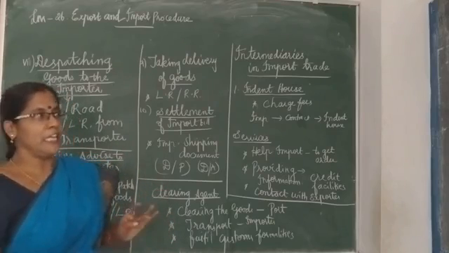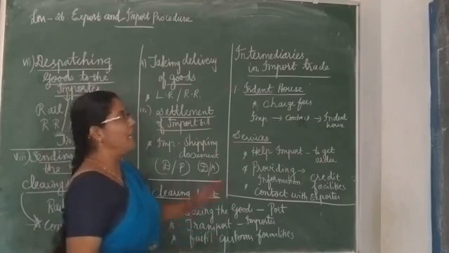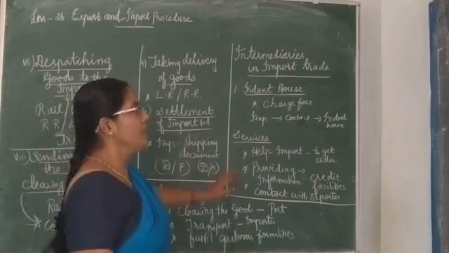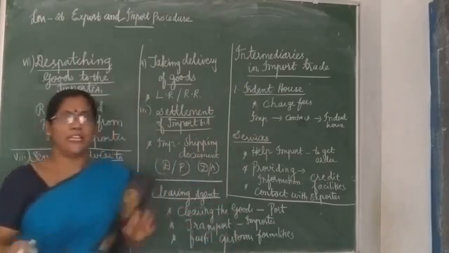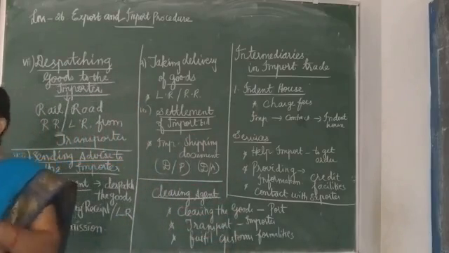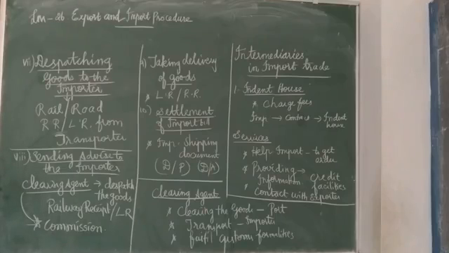We have seen the export house. In the same way, in the import trade also we have an indent house. Through the indent house or importer we can send the order inquiry, isn't it? Whatever documents are used in the import trade, such as import license, indent and letter of credit, everything will be a document.